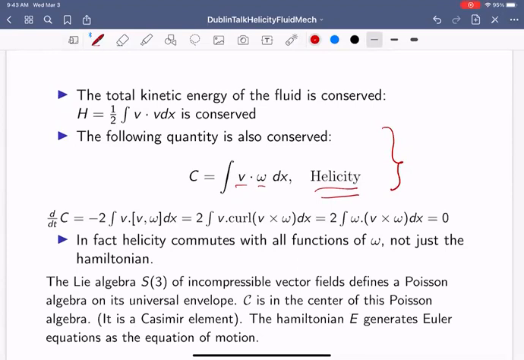But if you look at the Poisson brackets of vorticity, by the way, the Poisson brackets of vorticity form a Lie algebra, and that Lie algebra is simply the Lie algebra of incompressible vector fields. The set of vector fields whose divergence is equal to 0 is a Lie algebra under the commutator. The commutator of two vector fields is again of 0 divergence.